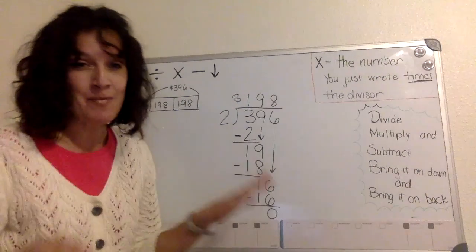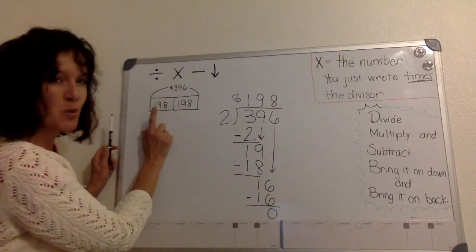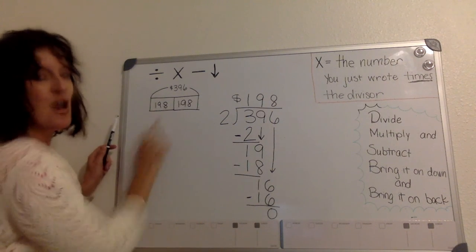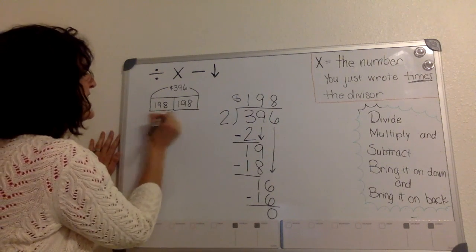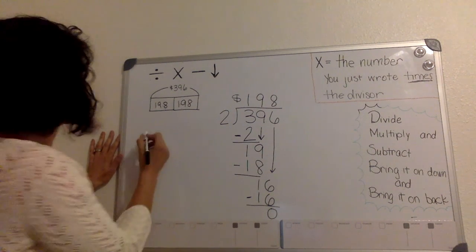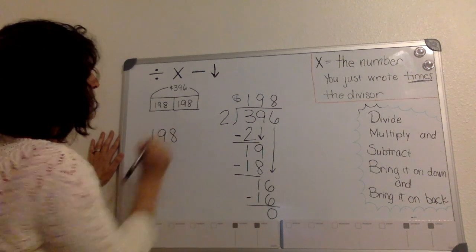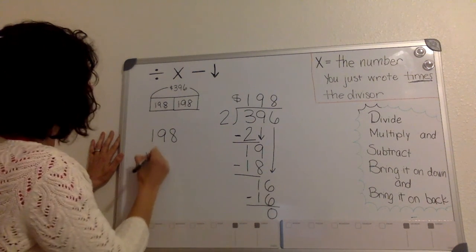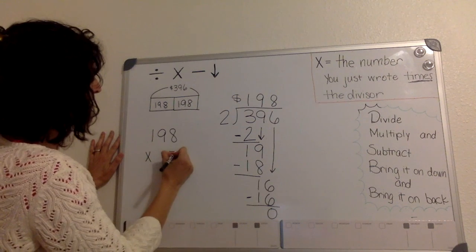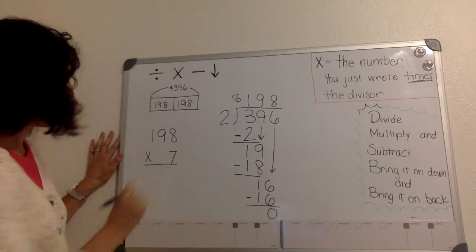This all of a sudden became a pretty easy problem. Now that we know how much one bike costs, we are going to multiply that unit times 7. So we have $198 per bike. I want to know how much 7 bikes is altogether.